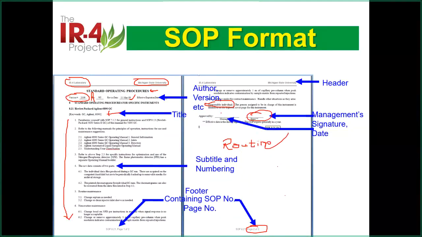Then someone needs to sign this. Typically, that's the big boss, the sponsor or lab director. If it is approved by management, that's fine. That typically is the management, which is the big boss of the facility. Okay, so that's our SOP.